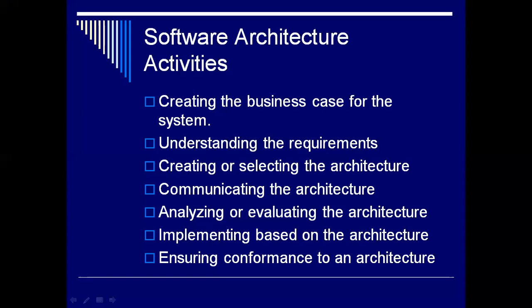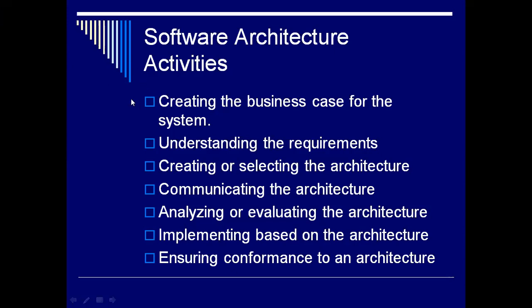Then after evaluating, on confirmation, the actual implementation of that architecture will start. And after implementation, you have to cross-check whether it performs or not, so ensure the performance of the particular architecture. All these activities are involved in your software architecture.